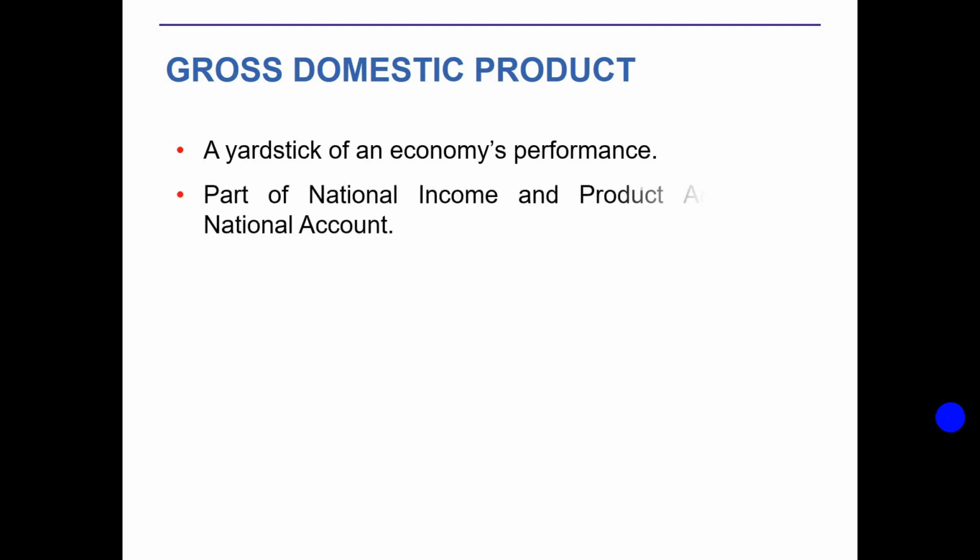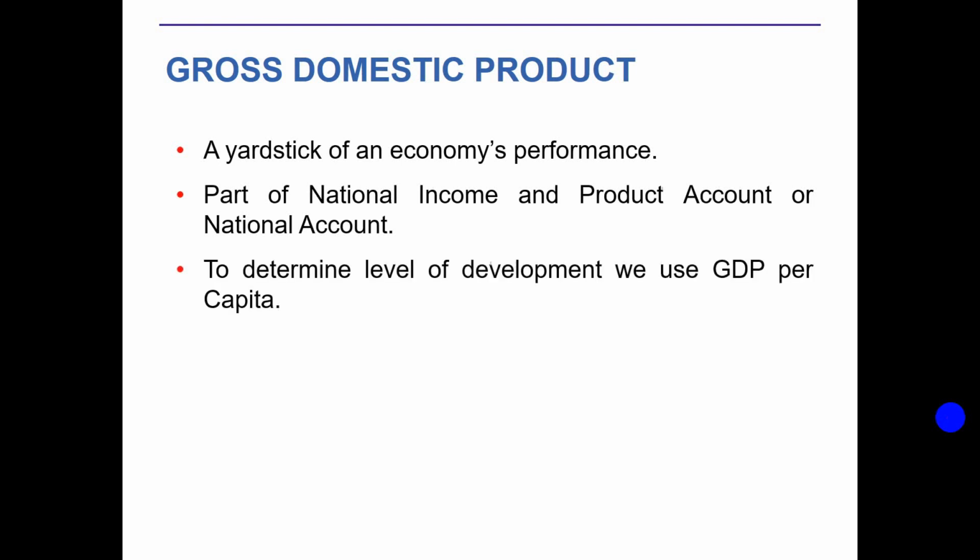GDP, or gross domestic product, is one of the major measures we can use to measure economic activity. This is the yardstick of an economy's performance, and it is part of the national income and product accounts. To determine the level of development, we use GDP per capita.